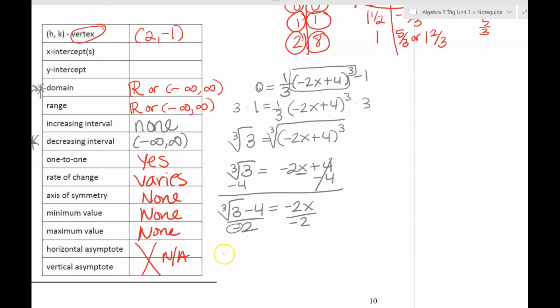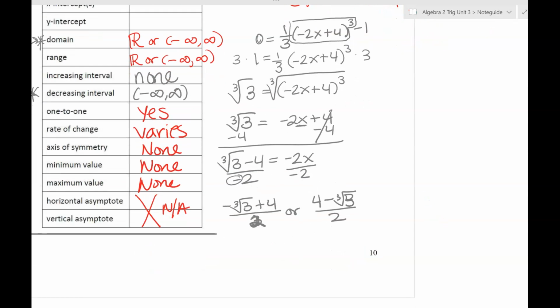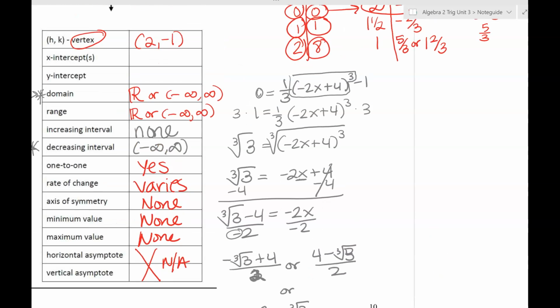So you'd probably either see this written as negative cube root of 3 plus 4 over 2, or they could write it in the other order. Or if you do want to divide the 4 by 2, you can, but you have to recognize that 2 is still a denominator for the cube root of 3. So any of those will do for our x-intercept.